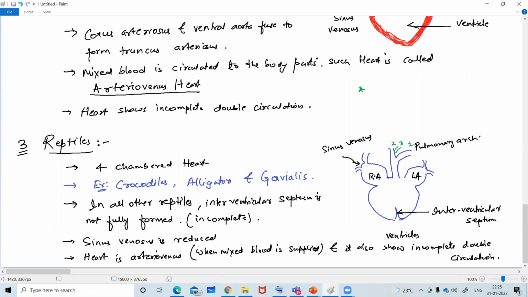All the three branches are actually formed by further modification of conus arteriosus, also called truncus arteriosus, which has now been divided into three separate channels, or you can say three branches.